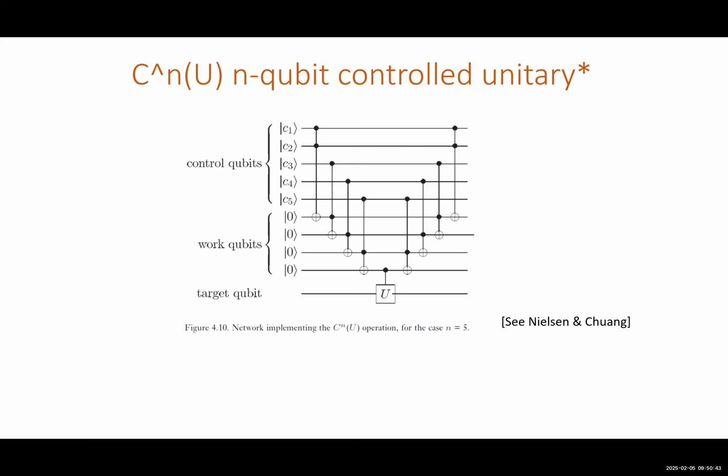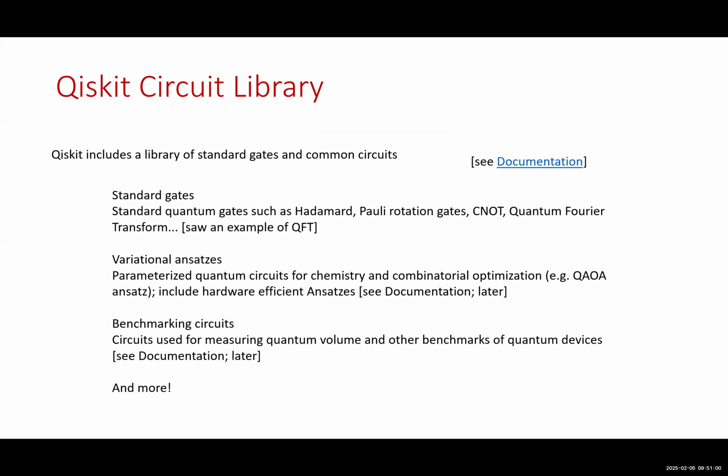Okay. So if you have more than 2-qubit control, then this is how you do that. So it is a very nice pattern. So I'm basically saying that in principle you can write any circuit in terms of the basic gates.